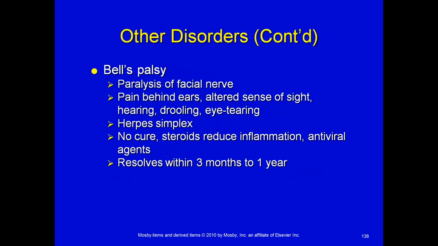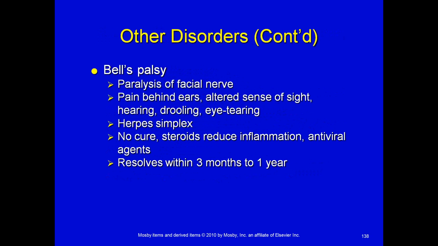However, people that develop Bell's palsy are often put on prednisone or a steroid to help reduce the inflammation, and then antiviral agents. And the side effects that you see with Bell's palsy may resolve within 3 months to 1 year of taking those medications.